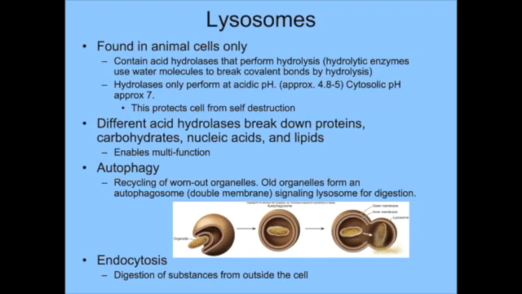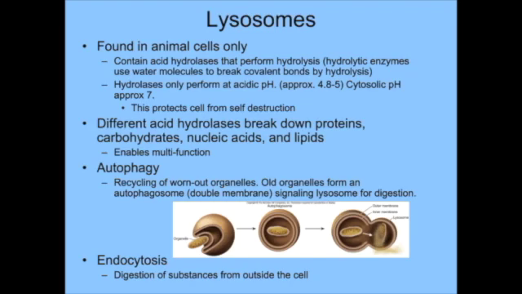When they see that, it is like a tag saying, hey, this guy's done. He needs to be recycled. So in autophagy, they will break down the components of an organelle into its single molecular units, so the cell can recycle those molecules and use them to build new ones.